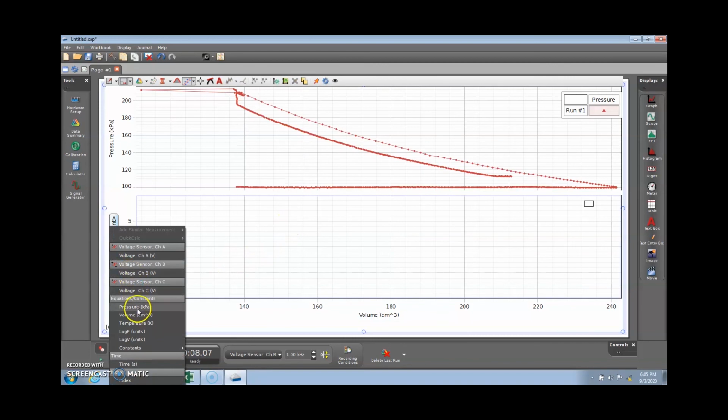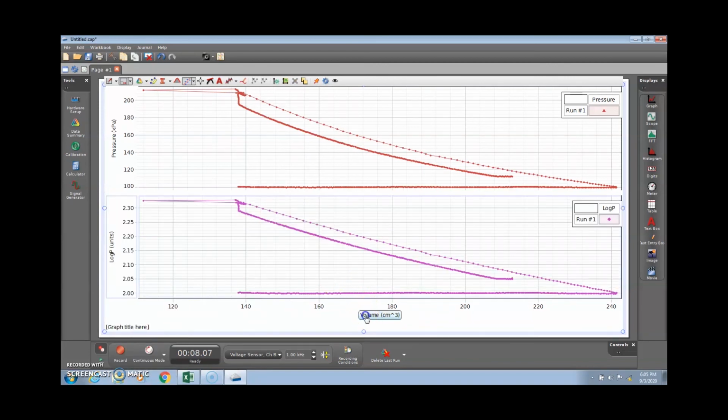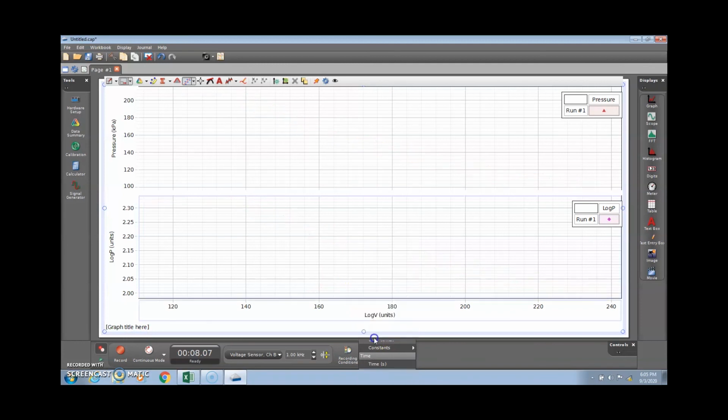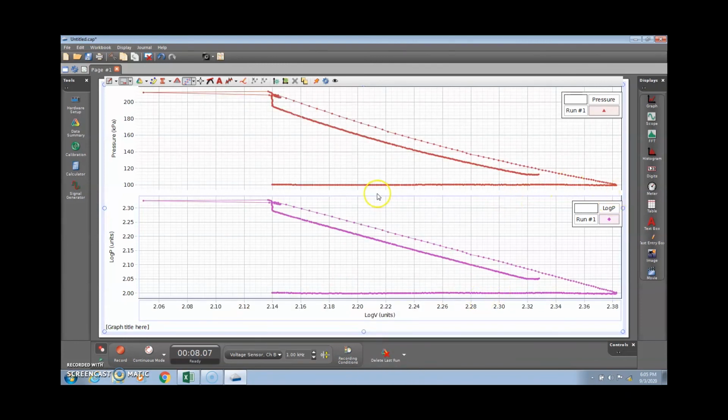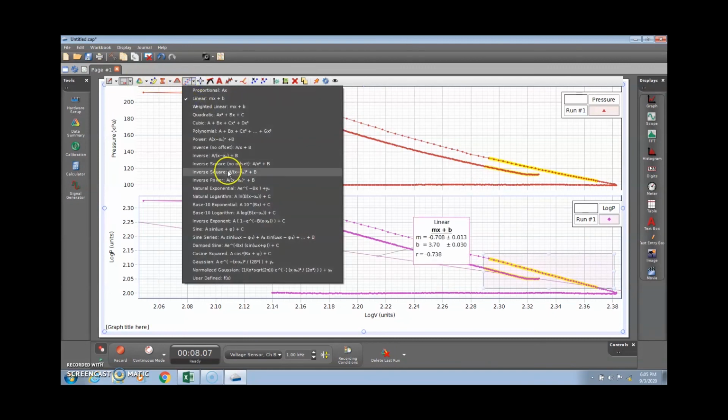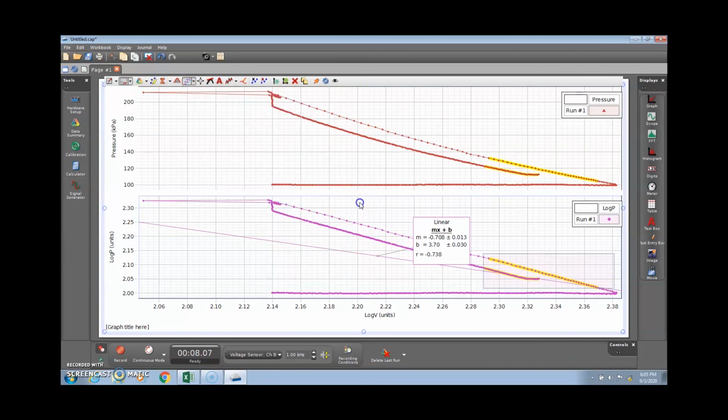This time I'll plot the logarithm of pressure versus the logarithm of volume. And then you can find the slope here. Let me bring this down a little bit. There you have it. That's your lab.